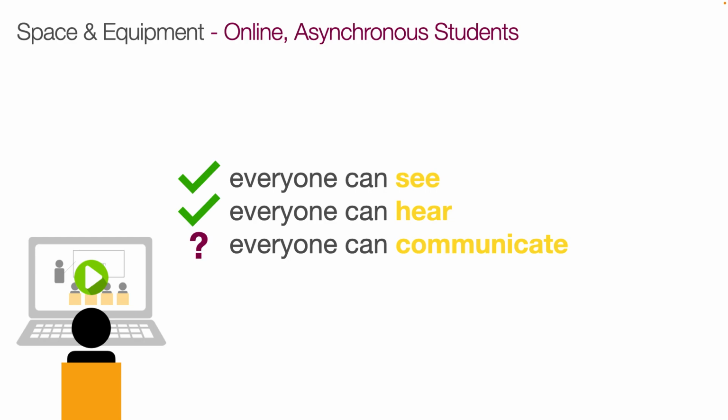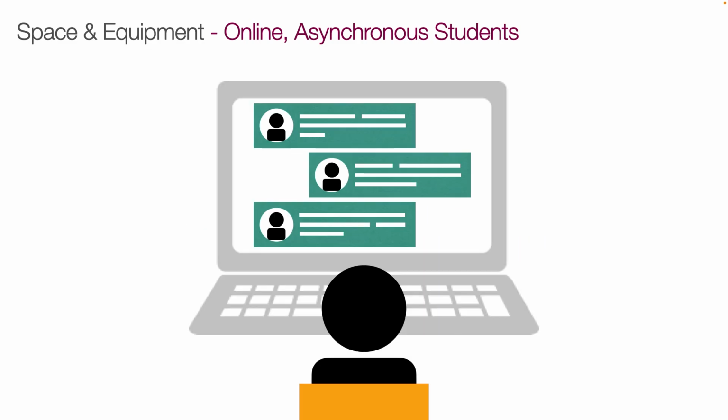But what about communication? If a student is watching a recording of the lesson after it has taken place, they won't be able to communicate during the lesson. For that reason, consider setting up a discussion board in your online course where students can go to post questions and comments about the lesson or anything else related to the course.